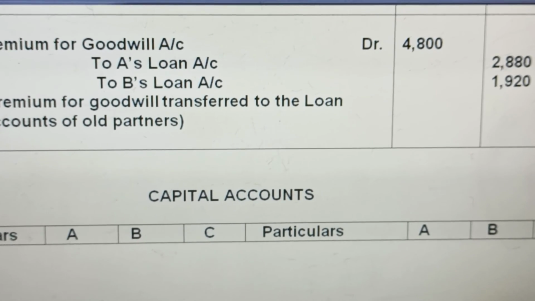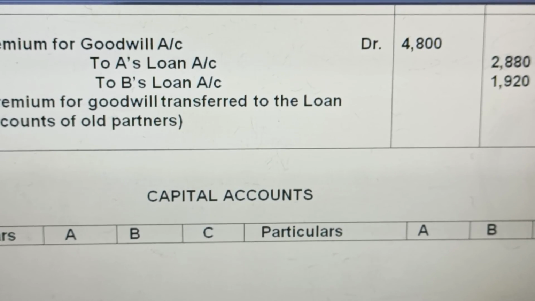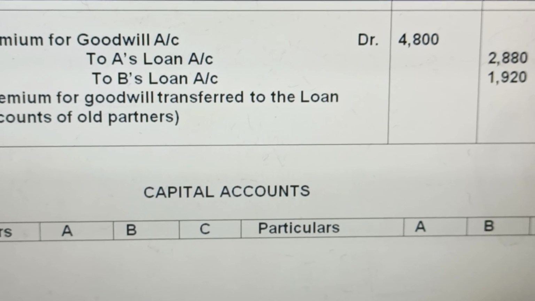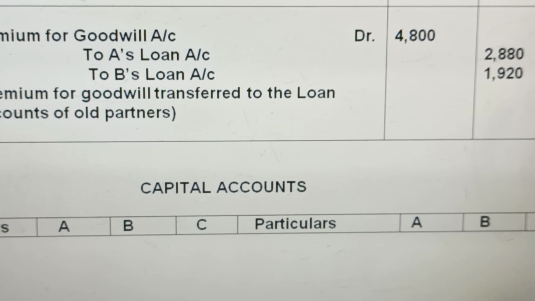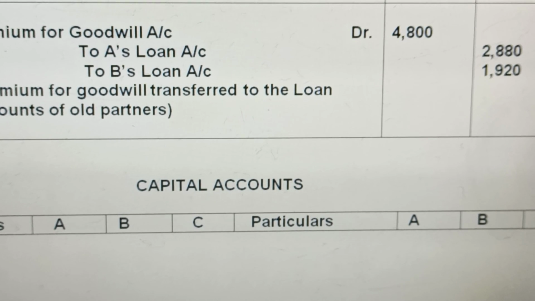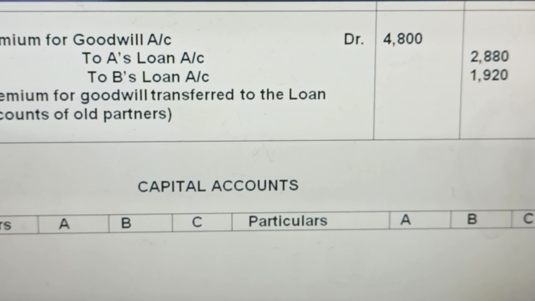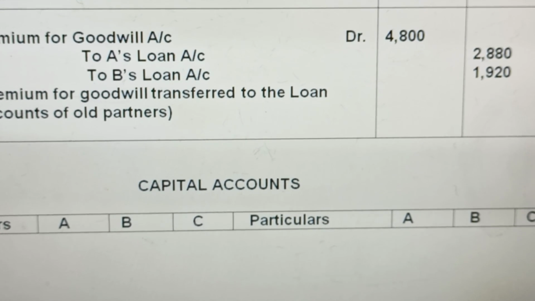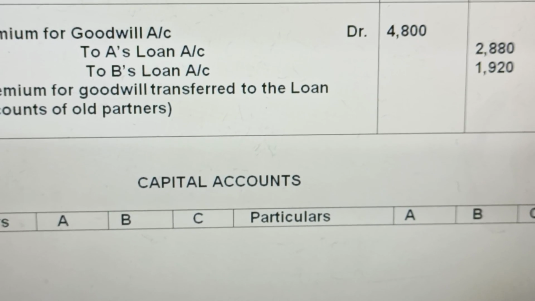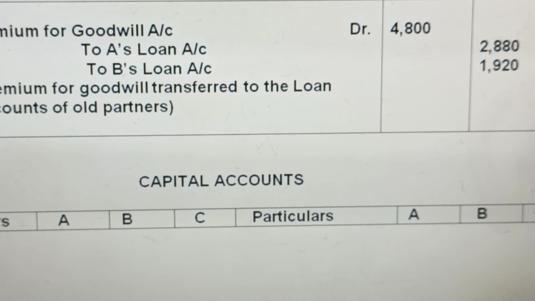So whatever he brings will go to the loan accounts of the partners. It is not the capital or the current account here, it goes to the loan account. It has been specified in the question. So premium for goodwill to A's loan account and B's loan account, 1920 and 2880 respectively. Now after this we make the capital accounts.